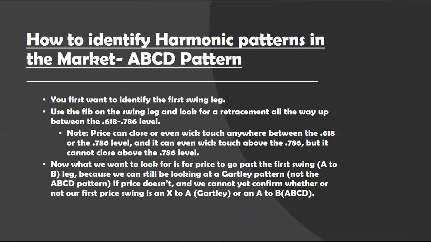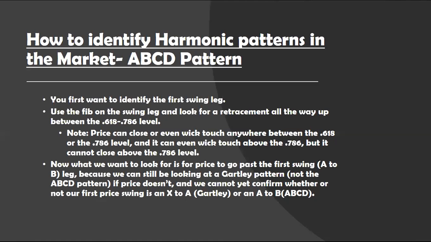Now there's two types of ABCD patterns, right? As I mentioned, you have the ABCD pattern and the AB equals CD pattern. I'll just talk about the ABCD pattern for now, and then touch on the other one. There are also two outcomes you can get from the ABCD pattern. At the completion of the ABCD pattern, you can get a bullish pair, or you can get a bearish pair as well.